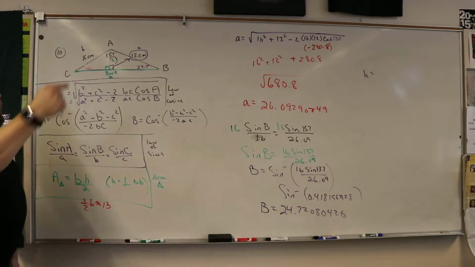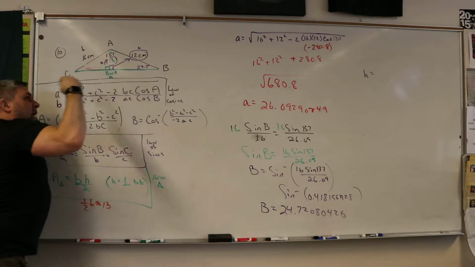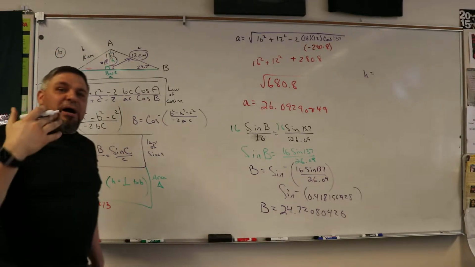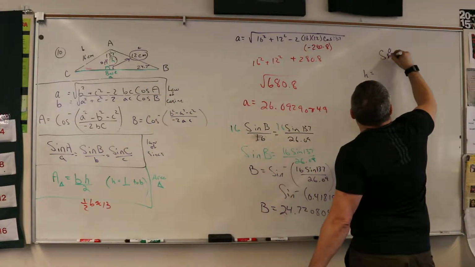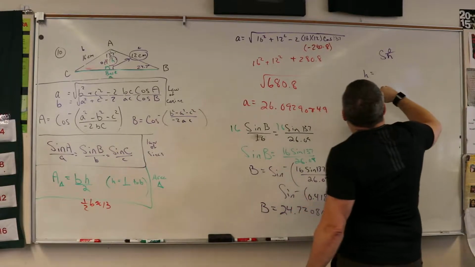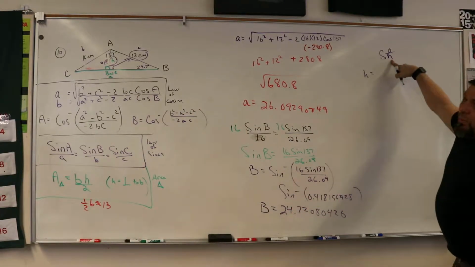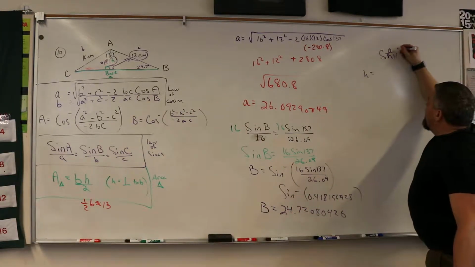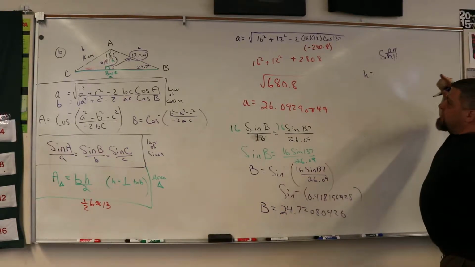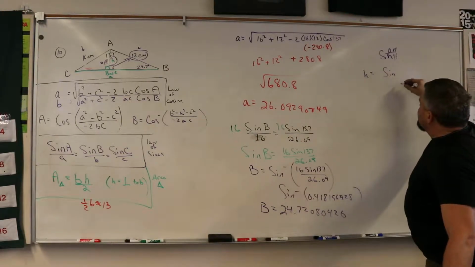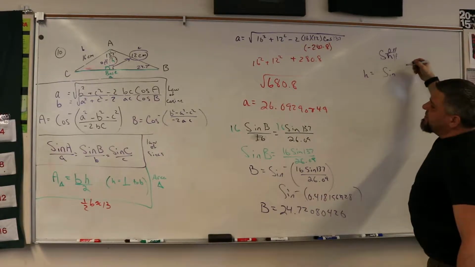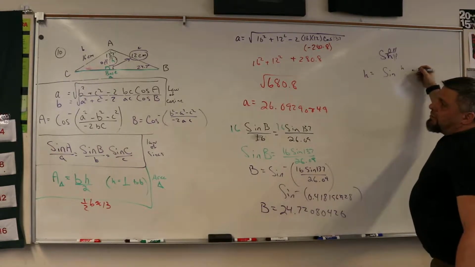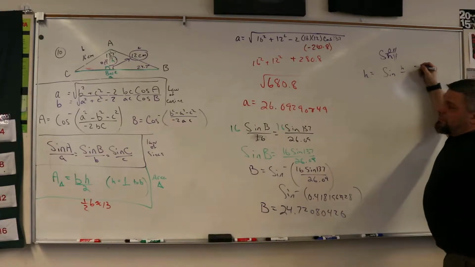So, we want the opposite and hypotenuse. What's opposite and hypotenuse? So, we want the sine of the opposite, which is the height, over.